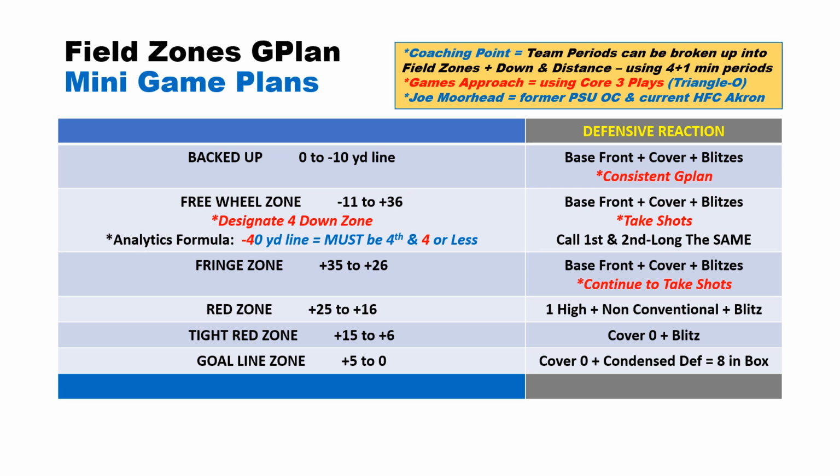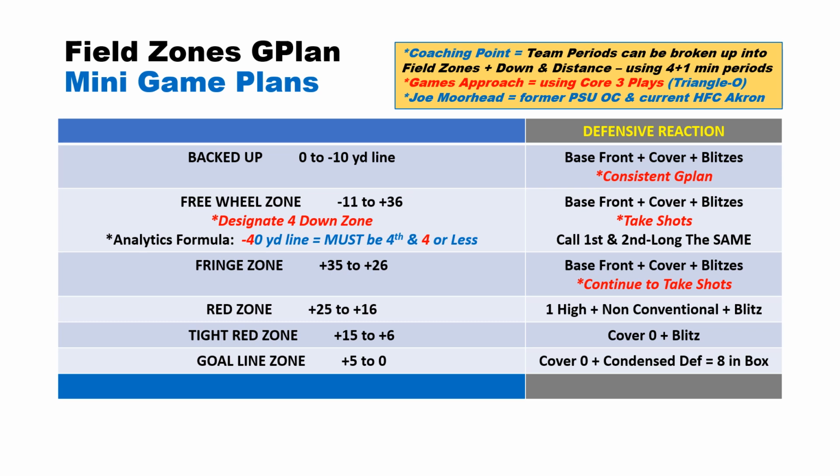Last, then you can use these field zones in your team periods where you go ahead and use mini game plans. So you can see in the backed up there on the upper left, the defensive reaction is usually base fronts. You can have a pretty consistent set of plays that you're going to run coming out of the end zone on the negative end. Then we get in the free zone, we want to start taking shots. Idea here is really to reverse defensive logic.